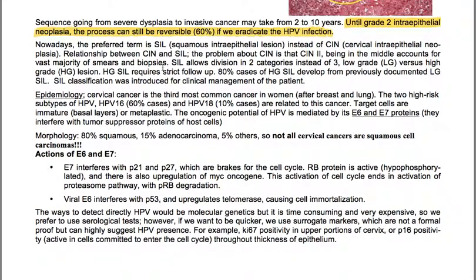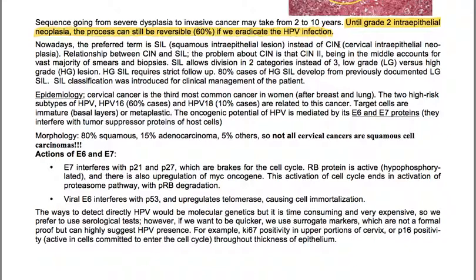Nowadays, the preferred term is SIL, squamous intraepithelial lesion, instead of CIN, cervical intraepithelial neoplasia. The problem about CIN is that CIN2, being in the middle, accounts for the vast majority of smears and biopsies.